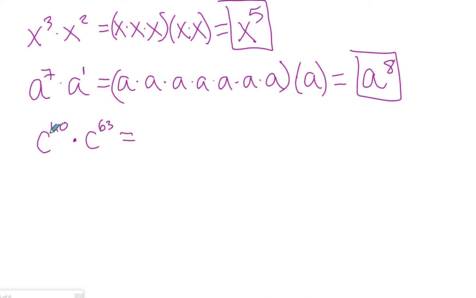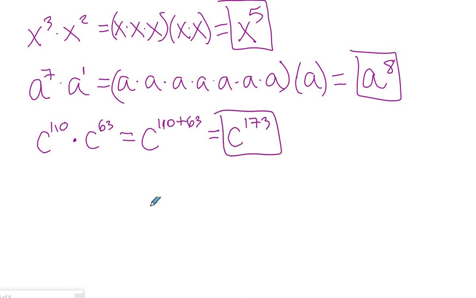If I do this, I end up with 110 C's and 63 more C's. In total, instead of writing those all out, I can just add together 110 plus 63. I can add the exponents because if I were to expand it, that's how many times I would have to write out C. And so that becomes C to the 173rd power.